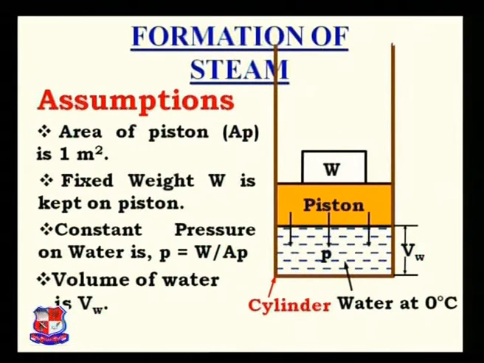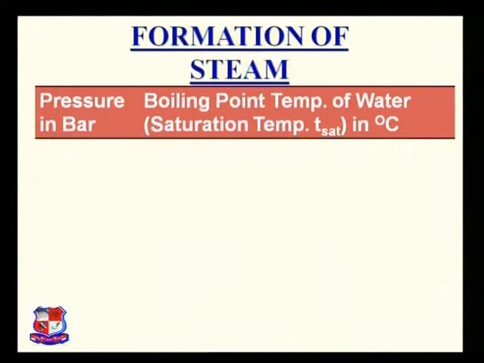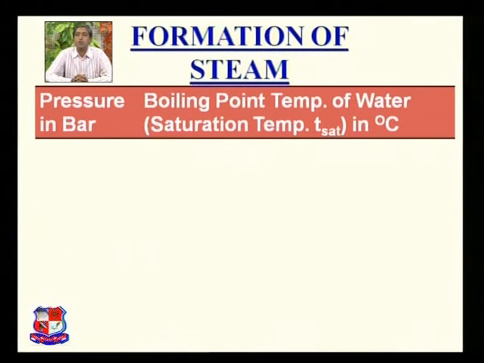Now, what is the meaning of pressure, why do we require the pressure, and what is the effect of pressure on the boiling point temperature of water? Generally, if anybody asks what the boiling point temperature of water is, we answer that it is 100 degree centigrade. But this is not actually correct, or you can say it is a partially correct answer.